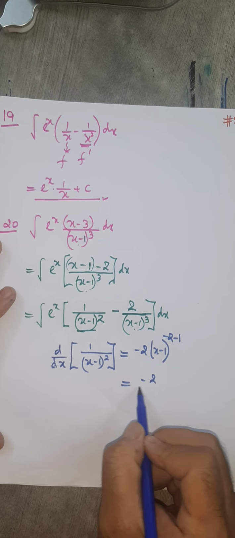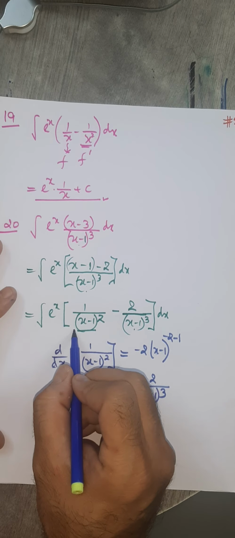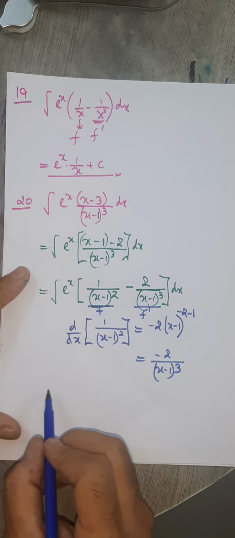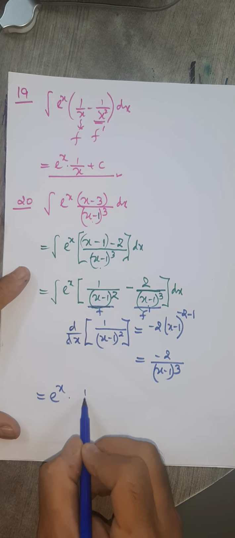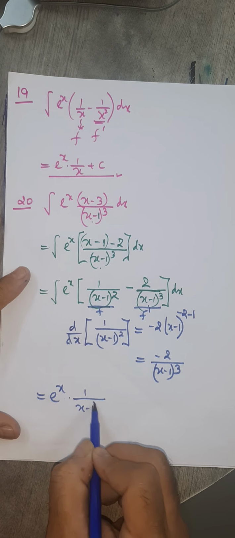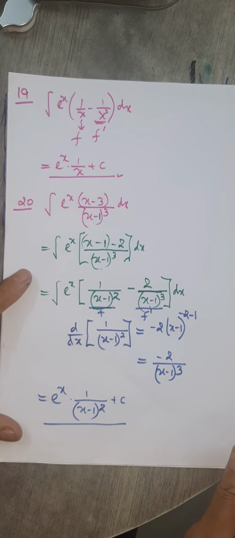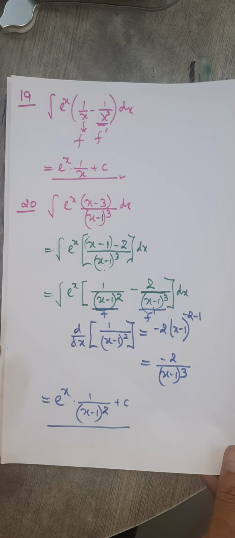So you are getting minus 2 upon (x minus 1) the whole cube. So that is f dash. So therefore the required integral is e raised to x into f x, which is 1 upon (x minus 1) the whole square, plus c. This is the required integral. Okay.